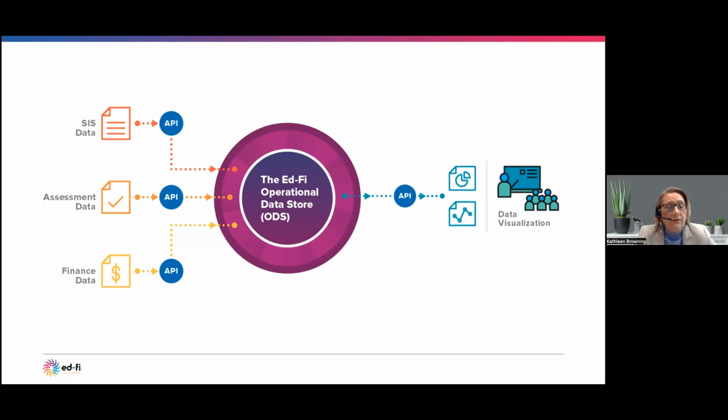So your third-party vendors use the exact same standards to push data in as your internal department or even third-party vendors use to pull data out. We also see this same diagram with other environments where they push data down to a data warehouse, out of the operational data store, or even to a data lake. So there's a lot of options of putting data in and pulling data out of the operational data store.